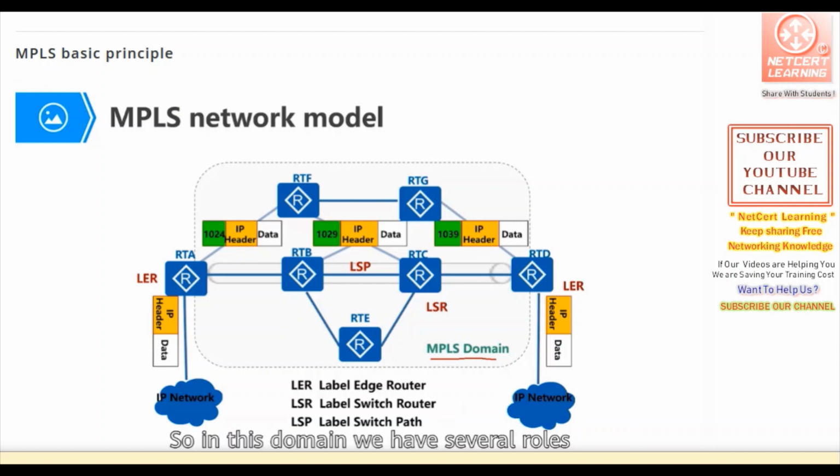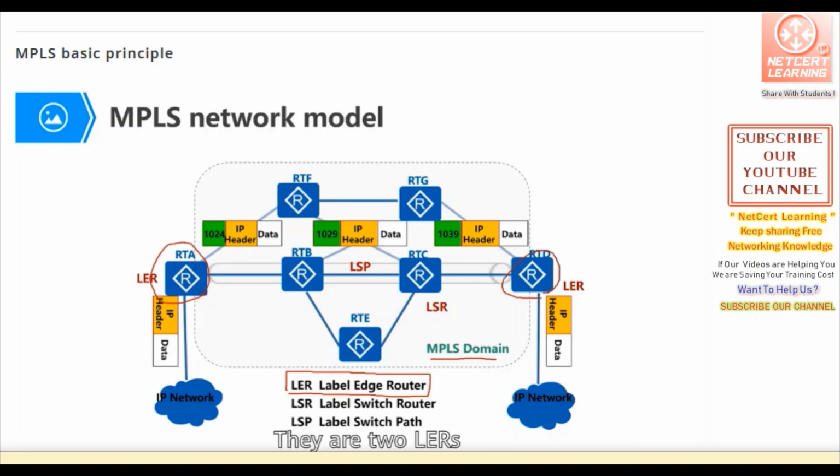In this domain, we have several roles of MPLS router. The first role is LER. LER means label edge router. In this network, we have two LERs, router A and router D. They are LERs because they are at the edge of this MPLS domain.